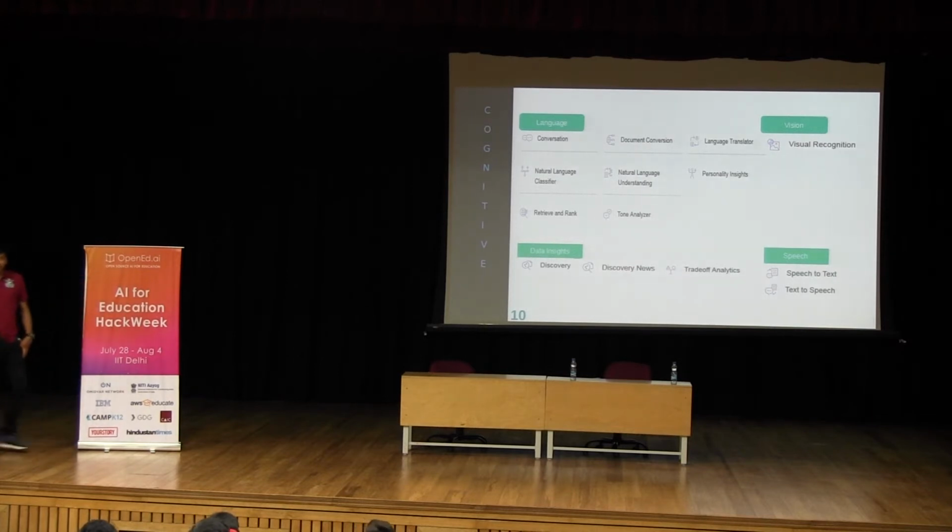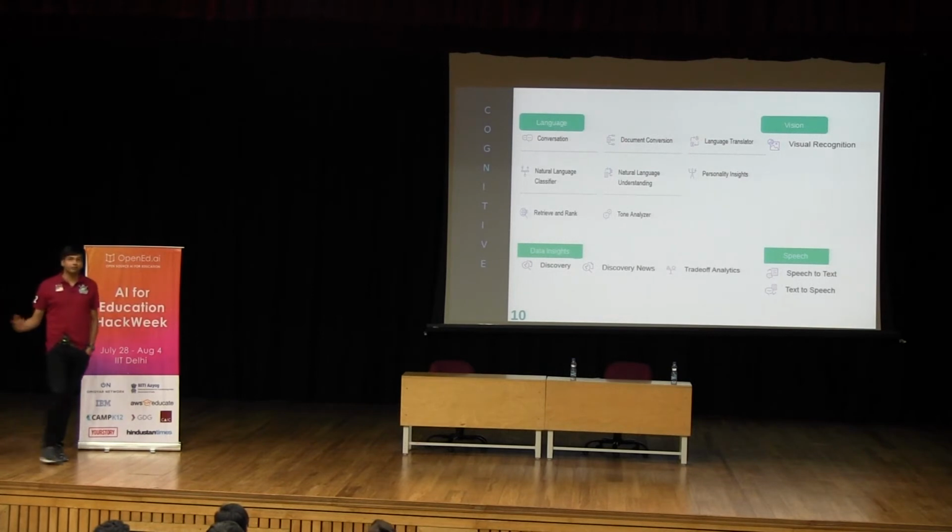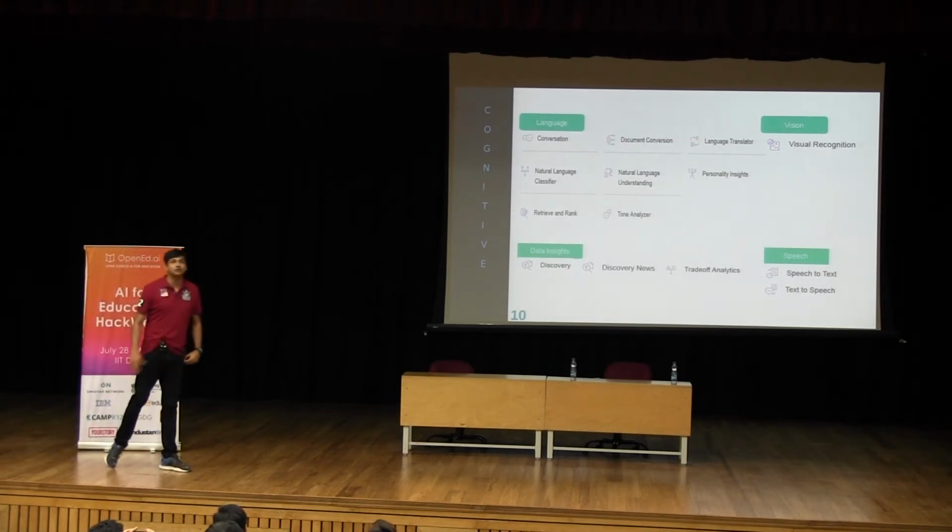I'll talk about it. I'll also talk about the architecture which you can use while creating your chatbots. Apart from that, there are APIs like retrieve and rank, tone analyzer, which you are already using. There are APIs like personality insights, which talks about human traits, right? Using this particular API, you'll be able to extract the human traits.